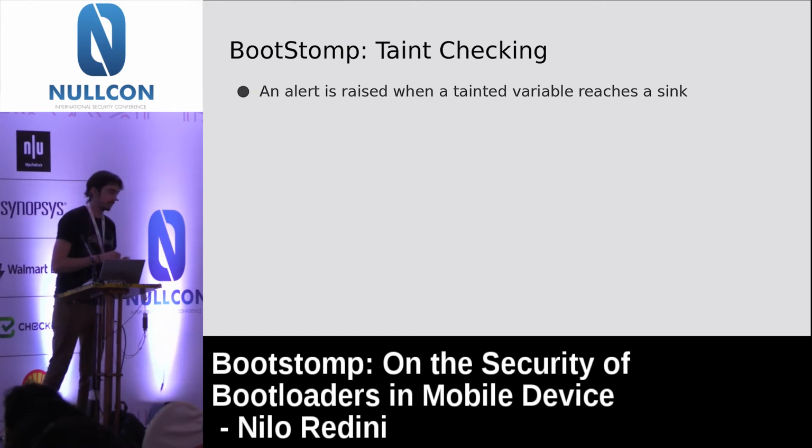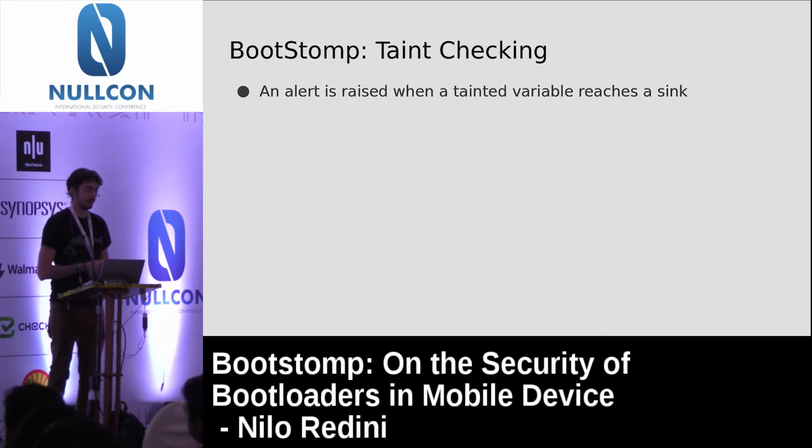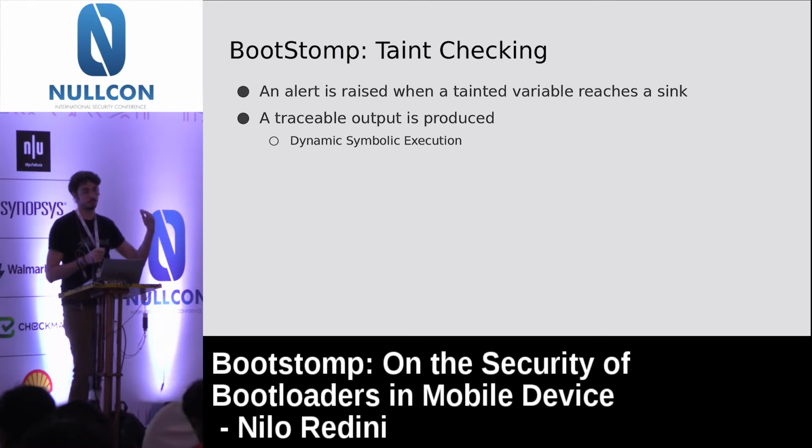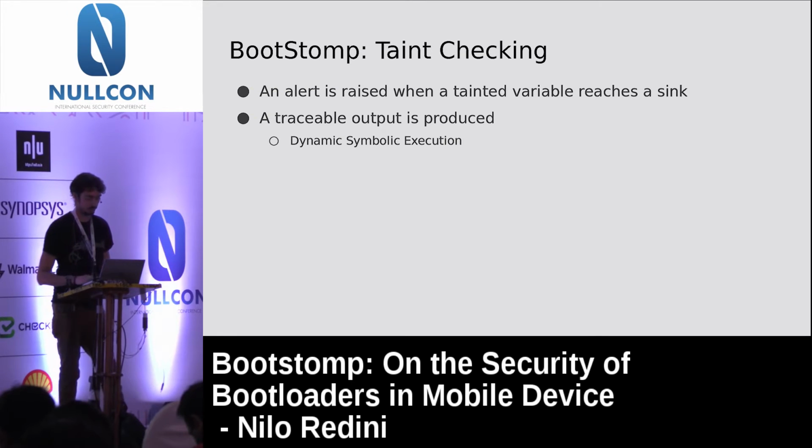Every time some tainted data reaches some sink, an alert is raised. And along with it, a traceable output, as I mentioned before, is produced, which means that, as we will see at the end of this presentation, BootStomp produces each address for each basic block traversed from the beginning of the function to the sink of taint.